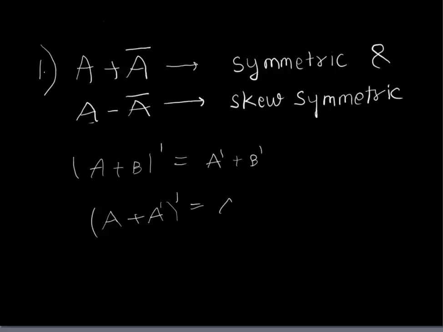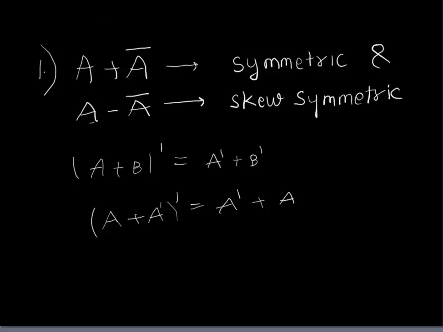So this is going to be A transpose plus A. So I just showed you that when you take the whole transpose of the left hand side, what we get on the right hand side is the same as this.